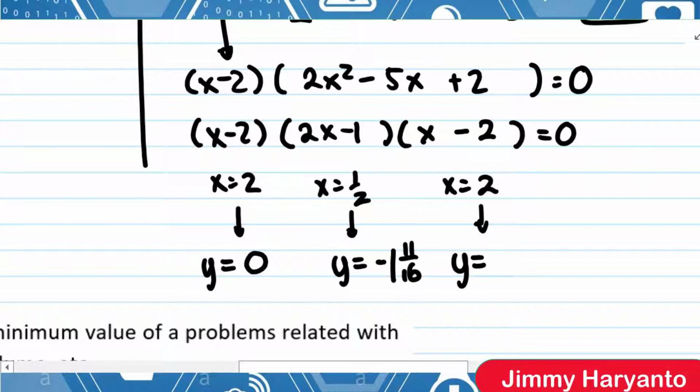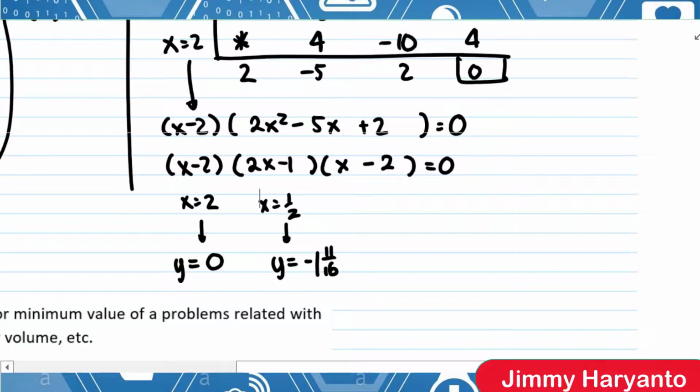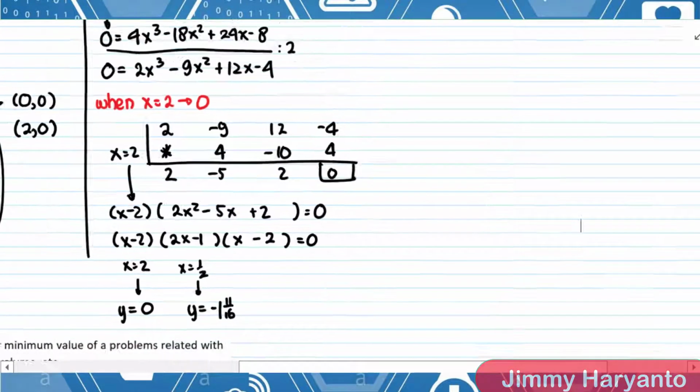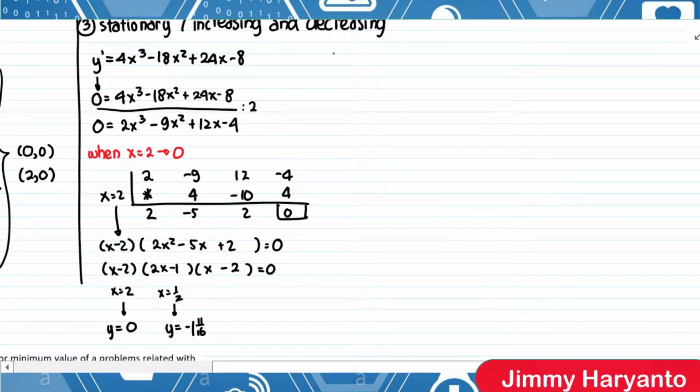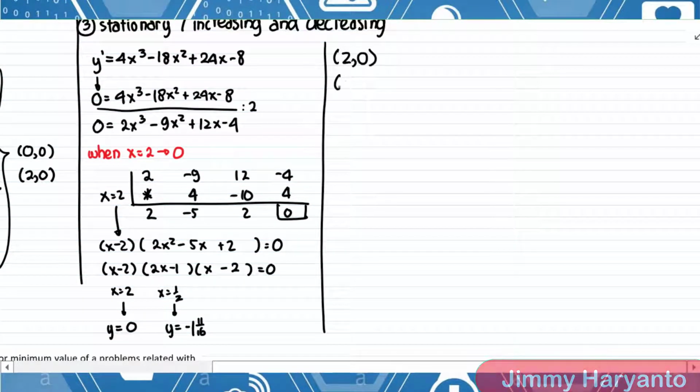For this one, I just realized that it is the same as the first answer, so I will not calculate it again. So we have (2, 0). Next I want to rewrite the stationary points: (2, 0), and also (half, negative 1 11/16).